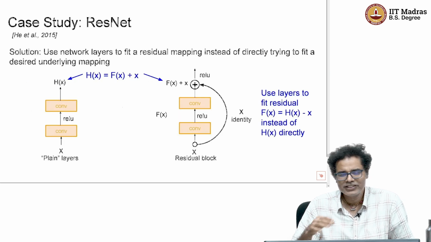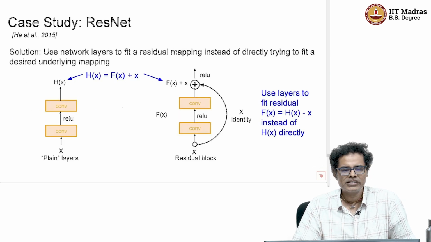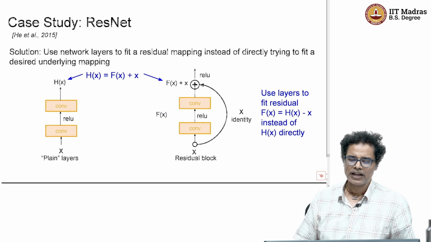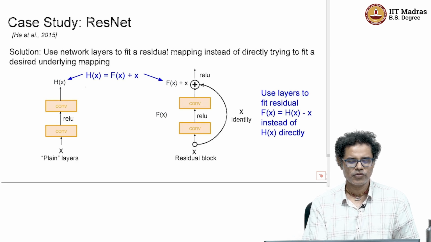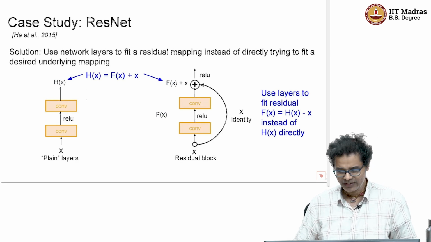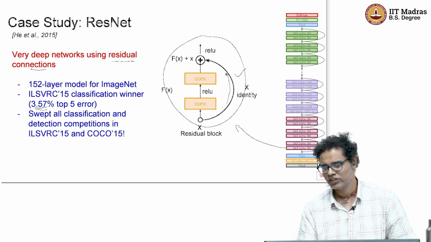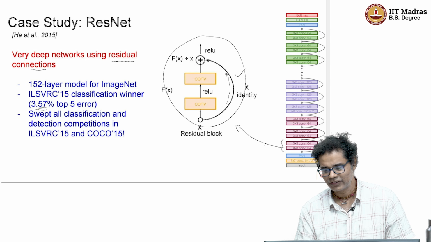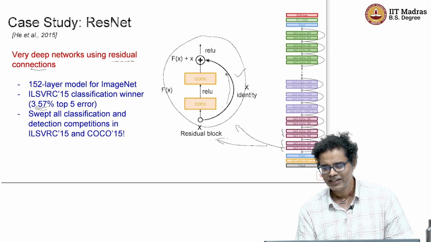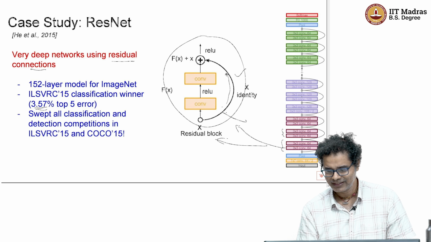So to solve this vanishing gradient problem, the residual network has been introduced. One way to see why it can reduce the vanishing gradient problem is to look at this network itself. Each of these is a residual block. What we see is this connection, which is called a skip connection or residual connection.